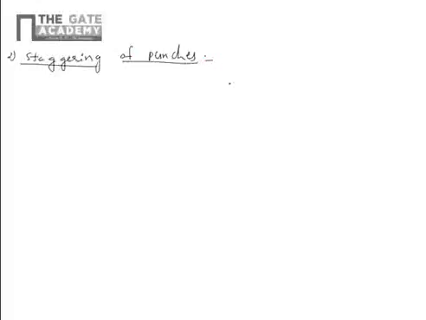So what is staggering? It is also called progressive die forming.